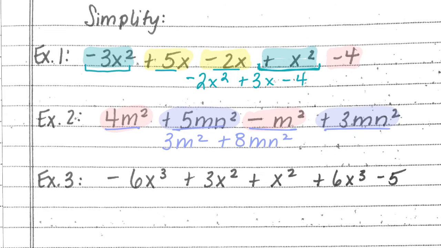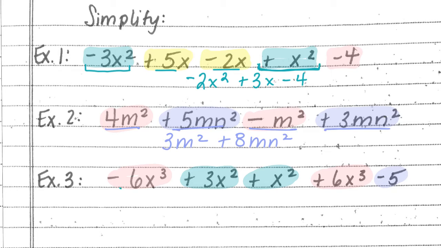And the last one that we're going to look at, notice I have a negative 6x cubed and a positive 6x cubed. We'll talk about that in a second. A positive 3x squared and another positive x squared. And a negative 5.